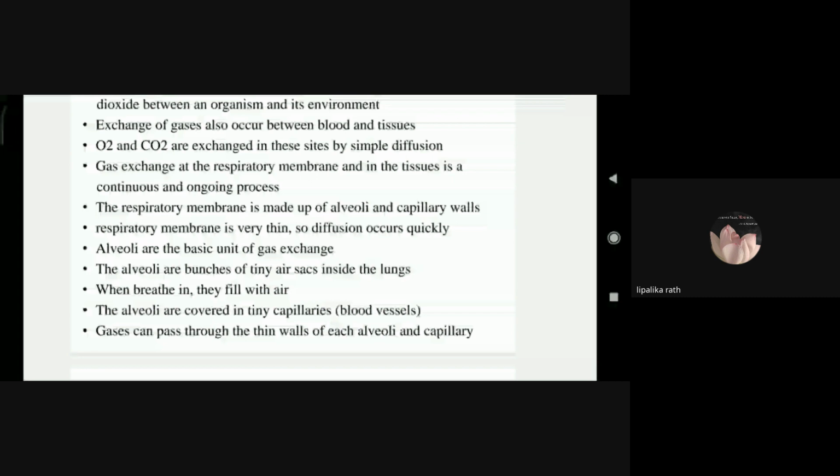Okay. So that is why isotonic solution is used. Isotonic means balanced.